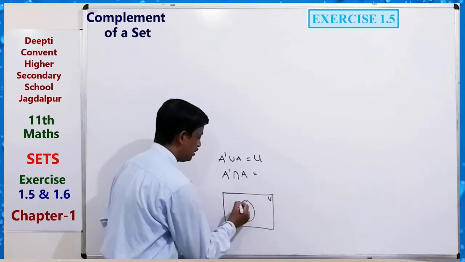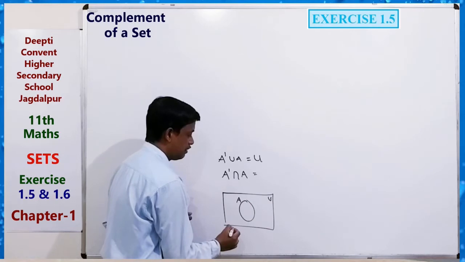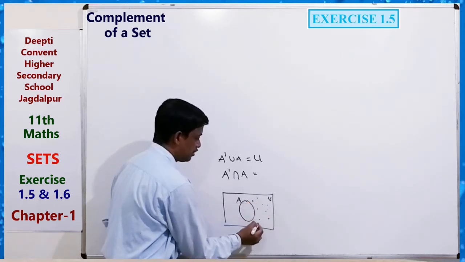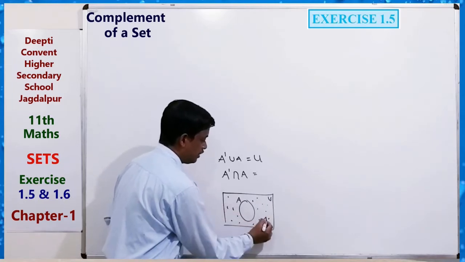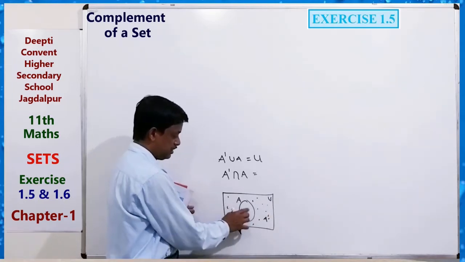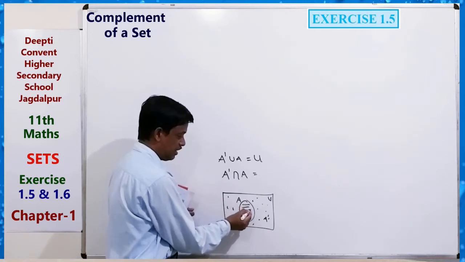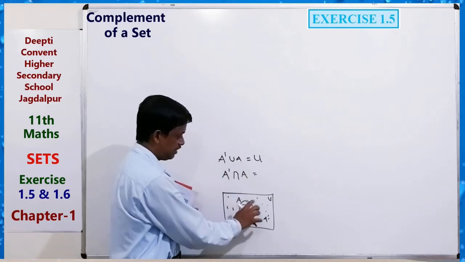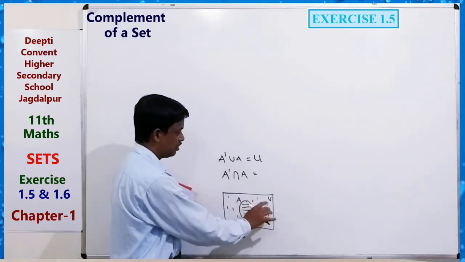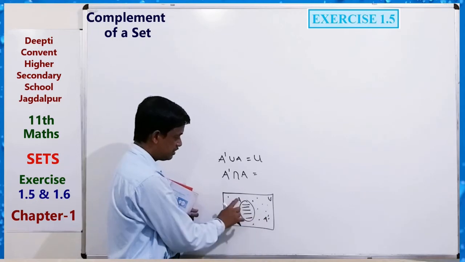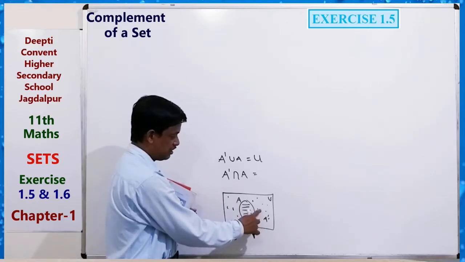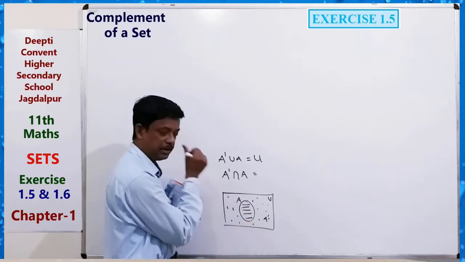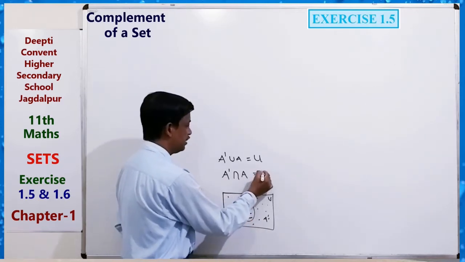Suppose this is U, this is A, and this is A dash. So A dash union A: A dash means this, union A means this, total U. A dash is this, A is this, intersection of both? Phi.